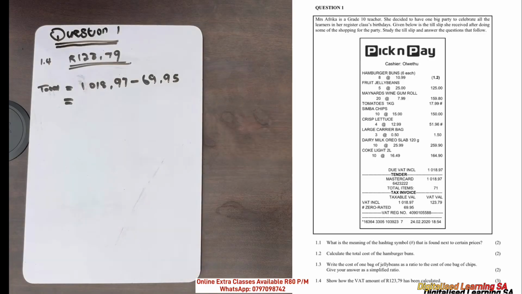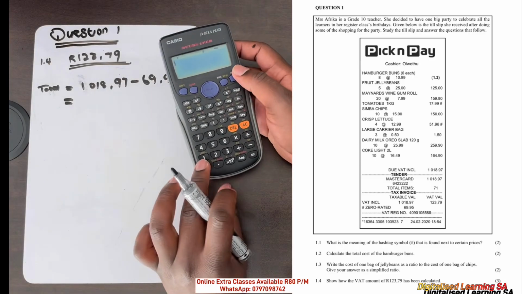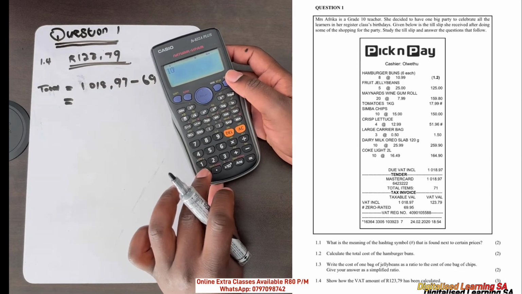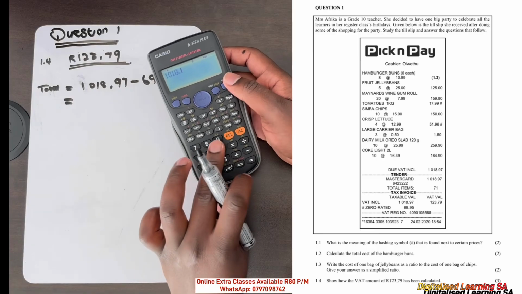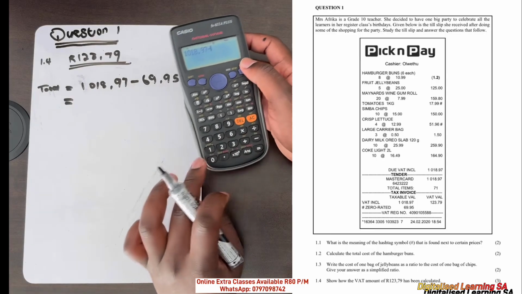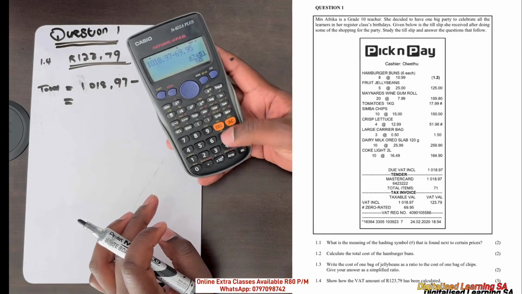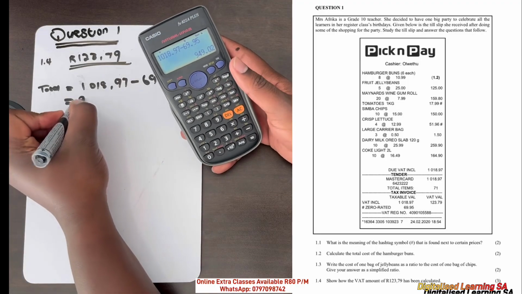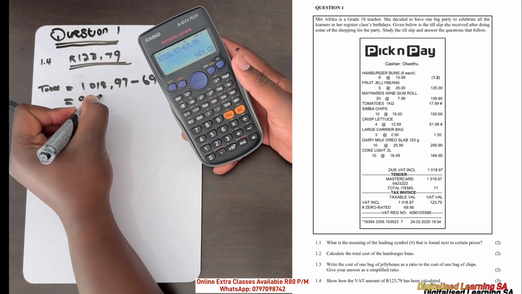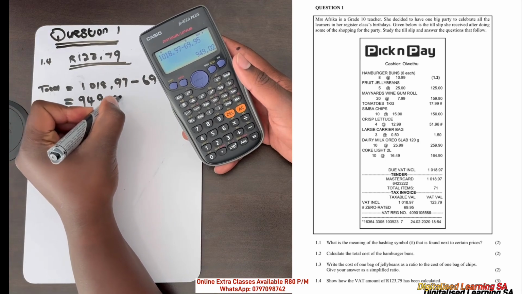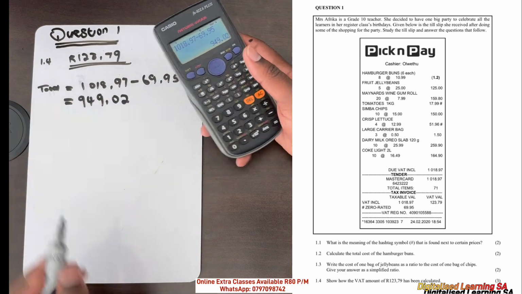So the amount that we are going to use to calculate our VAT is 1,018.97 minus 69.95, and the answer would be 949.02.